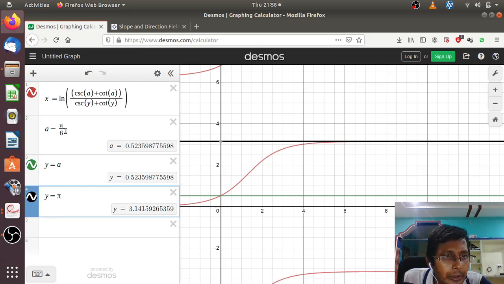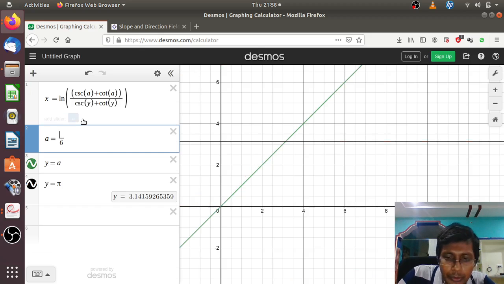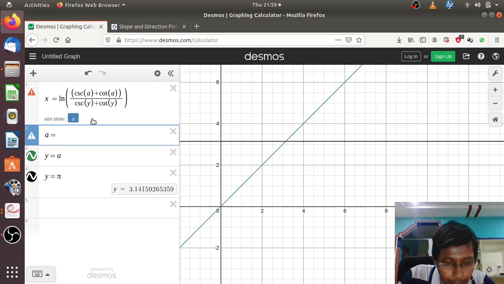Why don't I put 0? If I put 0, there is a problem because this value goes to infinity. So that's a problem. Let's not use 0, let's use minus pi by 4.